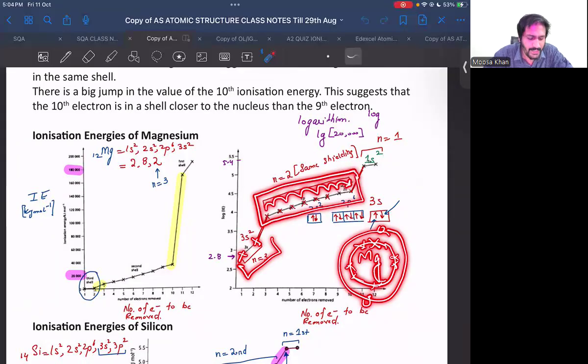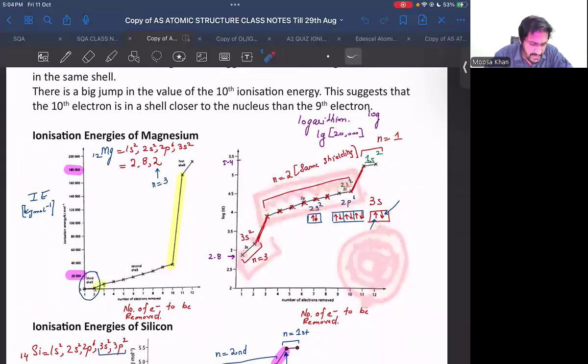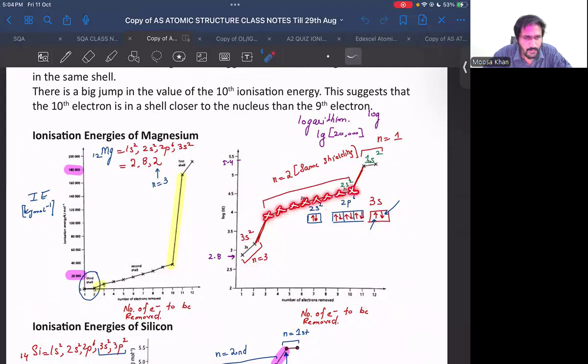However, once you have removed further 8 electrons from the second shell, now you have to move to the inner shell. So again, there is a big jump between the ionization energies.